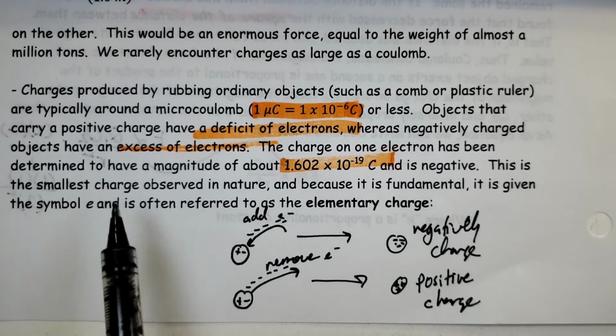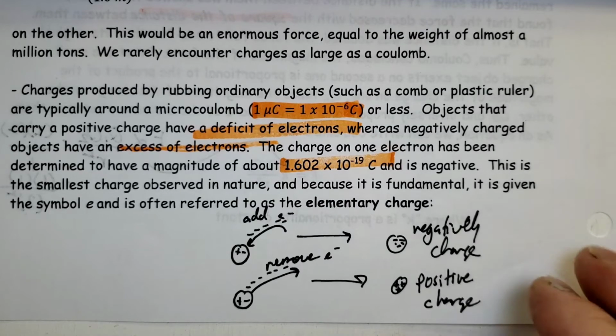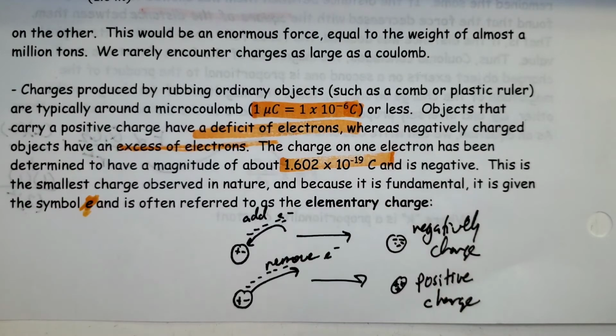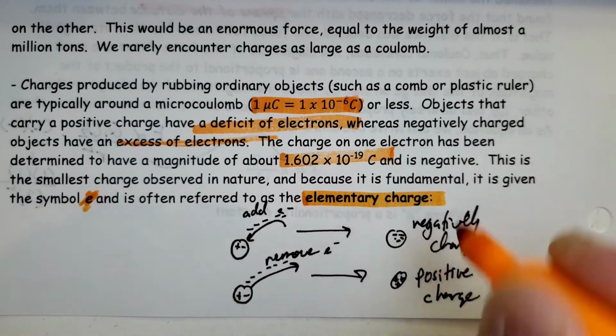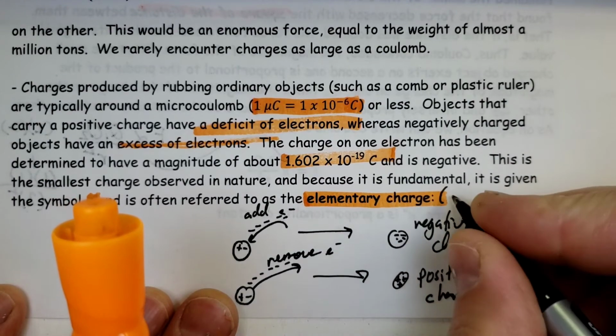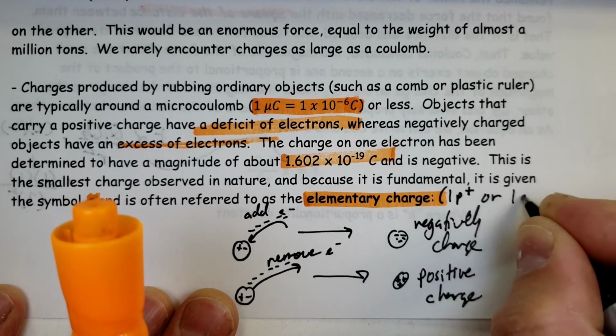That's the smallest charge observed in nature, so it must be the charge of a single elementary charge, whether that's a proton or an electron. The symbol e is often used to describe that, and it is referred to as an elementary charge. So elementary charge is either 1 proton or 1 electron.